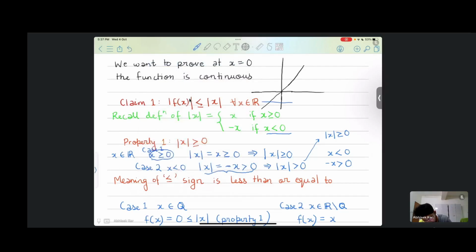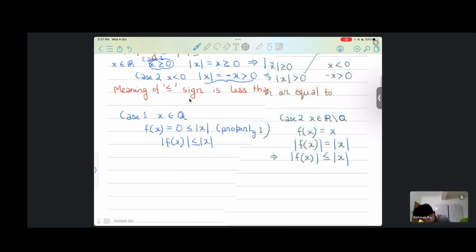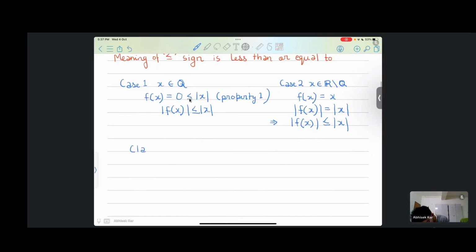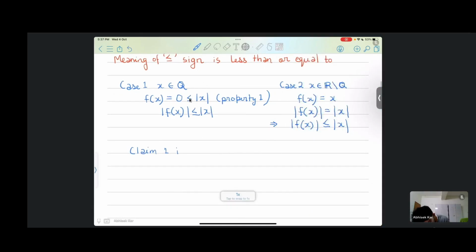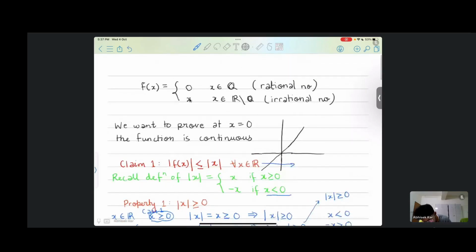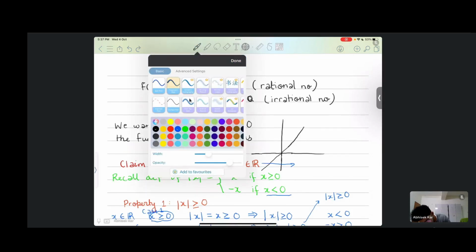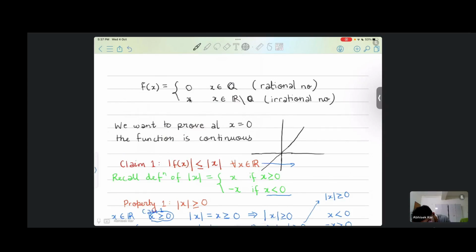This claim 1 is proved. Okay, now what we actually wanted to prove is that at x equal to 0 the function is continuous.